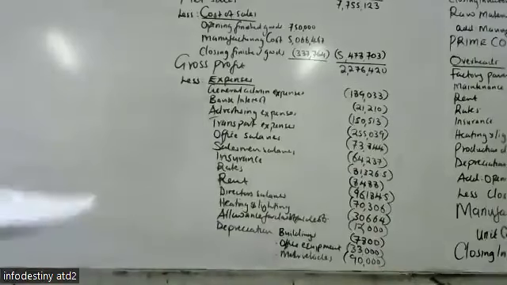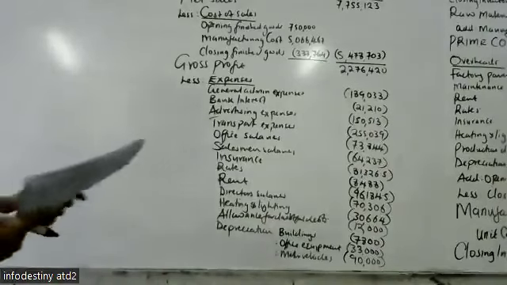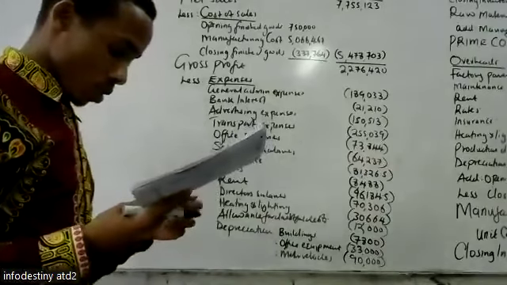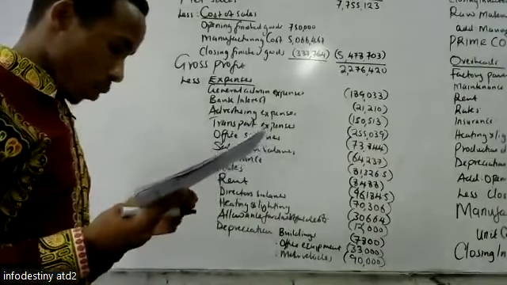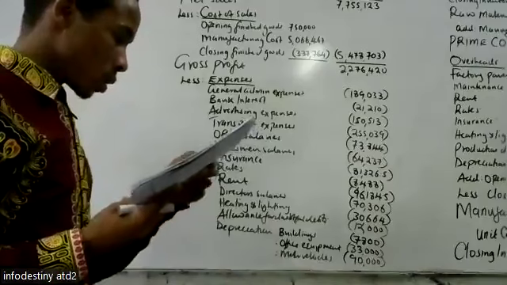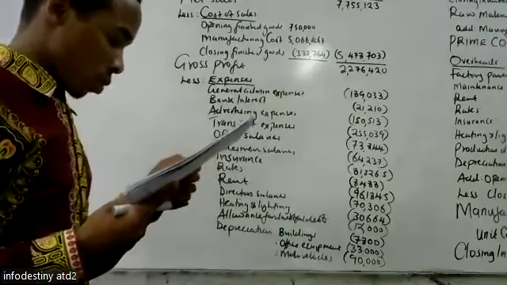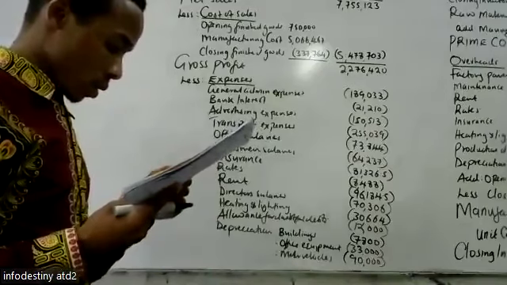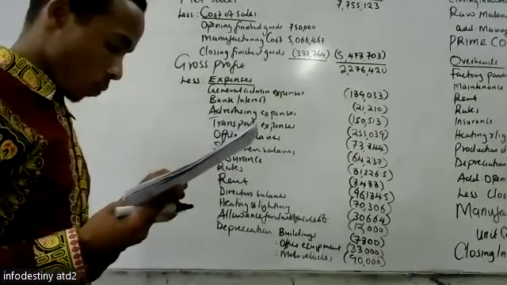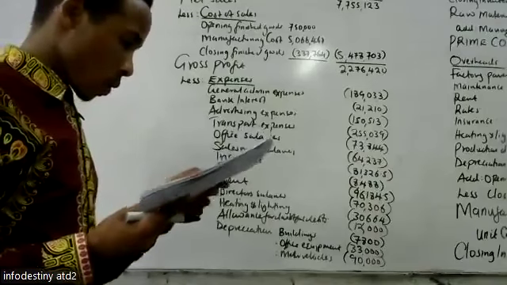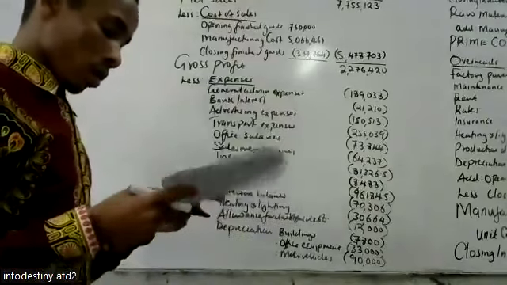So we proceed. Let's see whether there is any expense that you have left behind. We cross check. I think there is none.